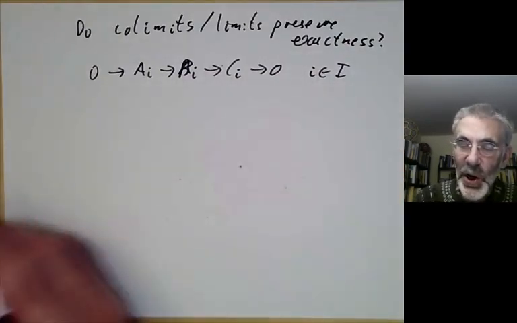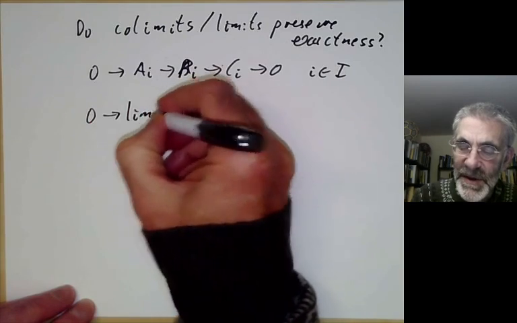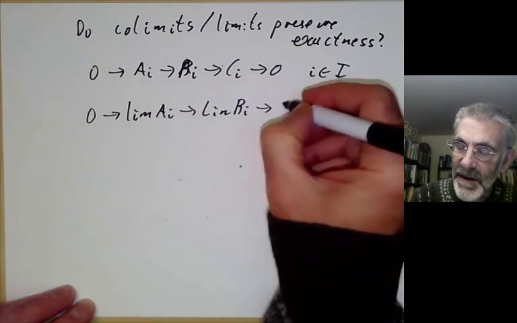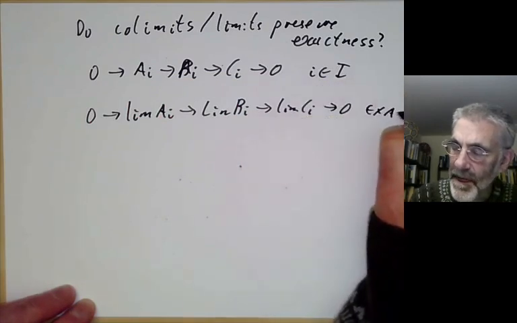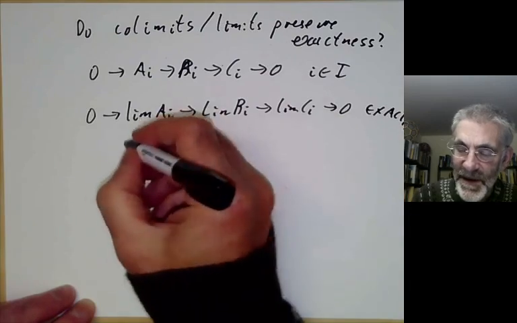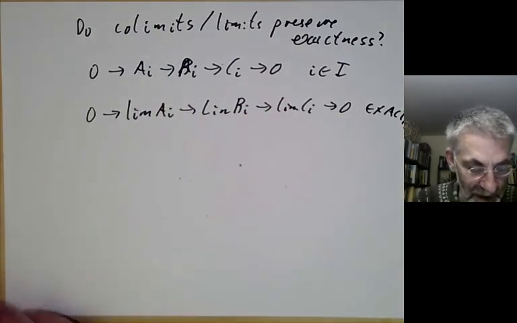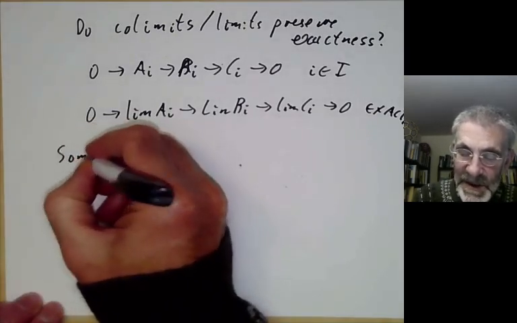Then we can take a colimit or a limit of these, and we can ask, is 0 goes to the limit of the A_i, goes to the limit of the B_i, goes to the limit of the C_i, goes to 0 exact? And the same thing for colimits. Is the colimit of these exact? And the answer is sometimes.